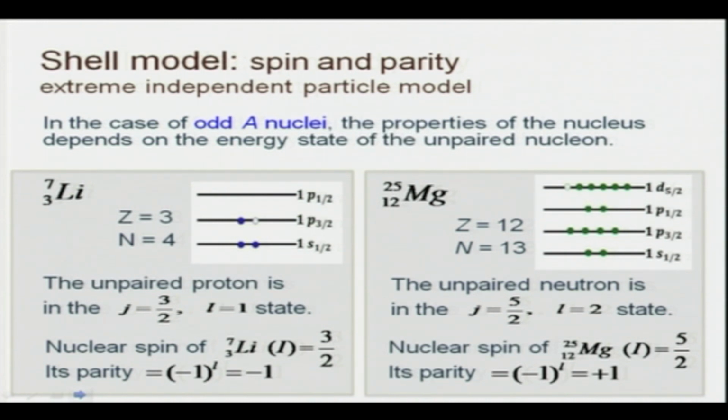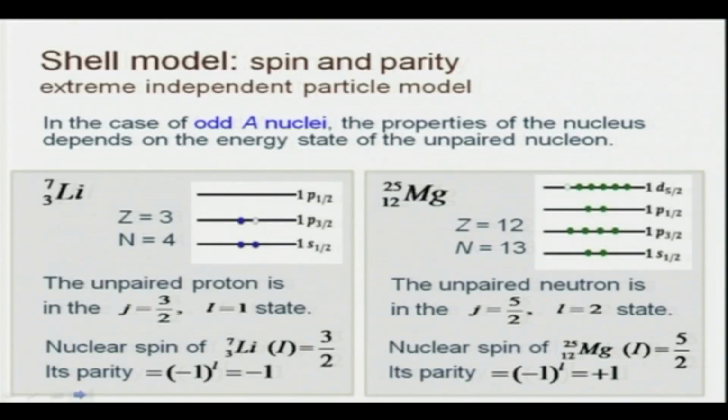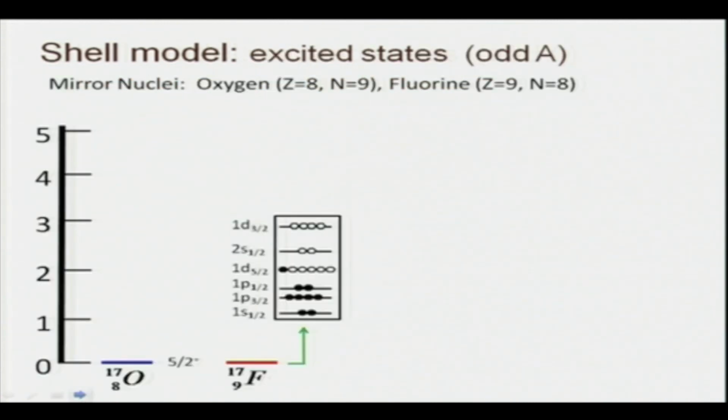So, indeed, the ground state of magnesium, we are talking about the ground states, the minimum energy configuration, the magnesium 25 is found to be in I equal to 5/2 plus. And you can go on and ask, what about other nuclei that have odd A value, and remarkably the predictions of the shell model agree with all of the observed cases.